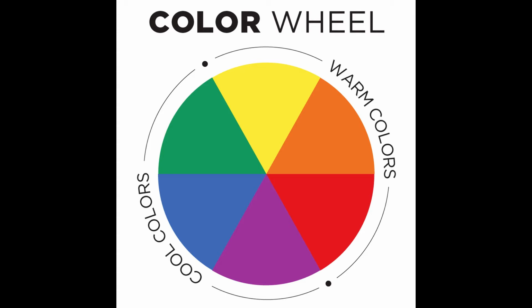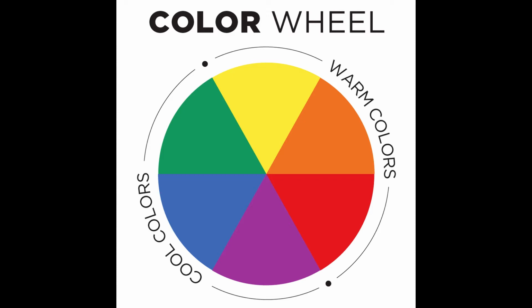So the primary colors are the colors you use to create your secondary colors, which are your orange, purple, and green. So if you look closely at your color wheel, you see that the secondary colors are in between your primary colors. For example, you see that orange is in between the yellow and red.